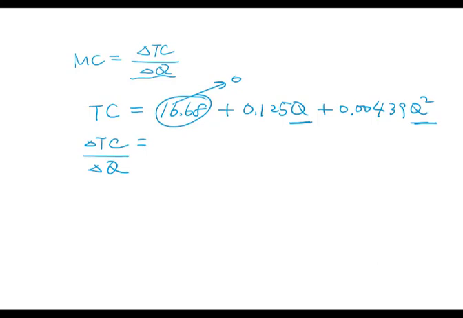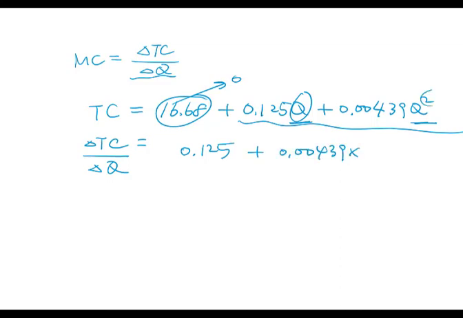Then you just need to write the derivative of the right hand side. As you change Q by delta Q, you end up having the multiplied constant that amplifies the change in Q, plus 0.00439 multiplied by the power 2 in front and Q to the power 2 minus 1, right?